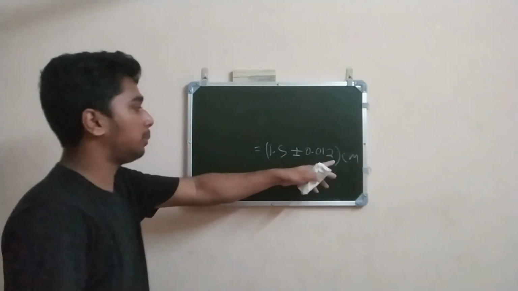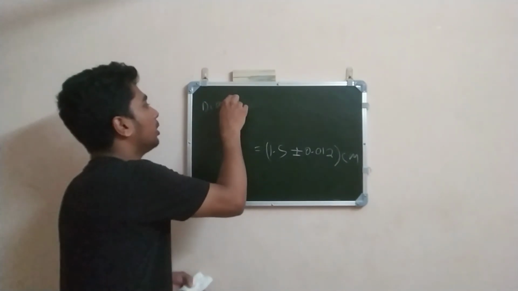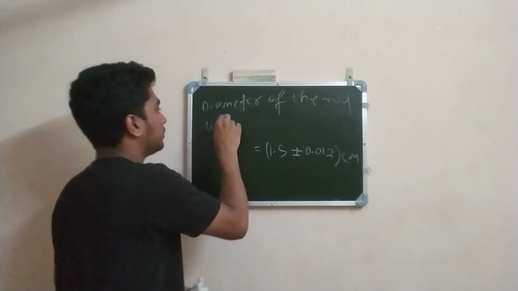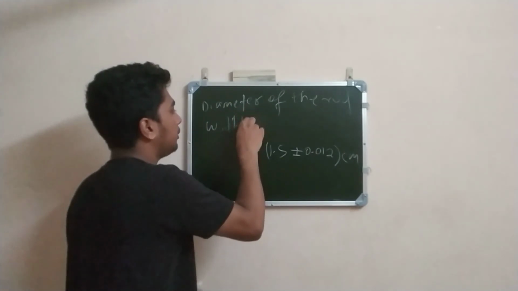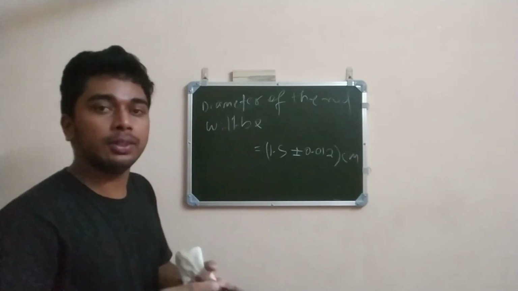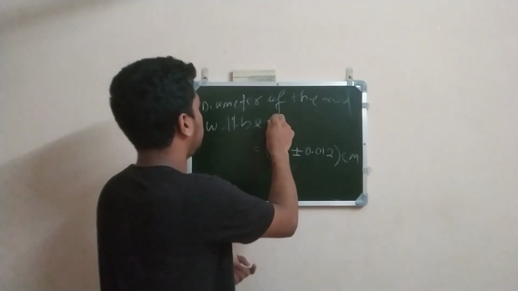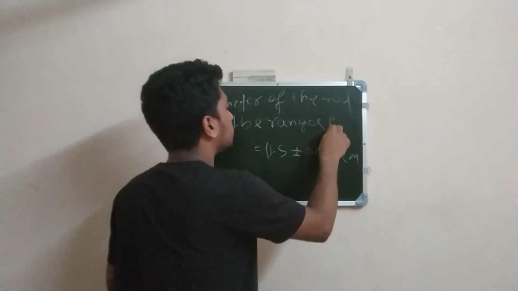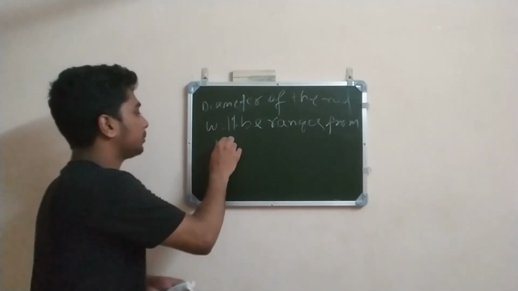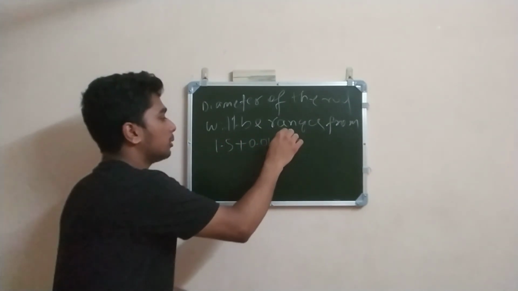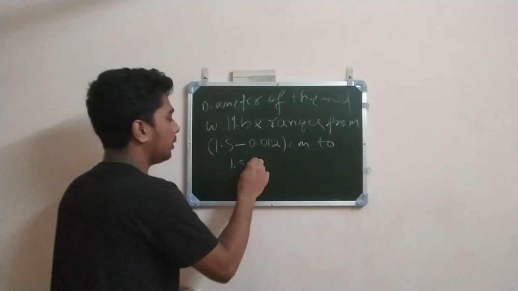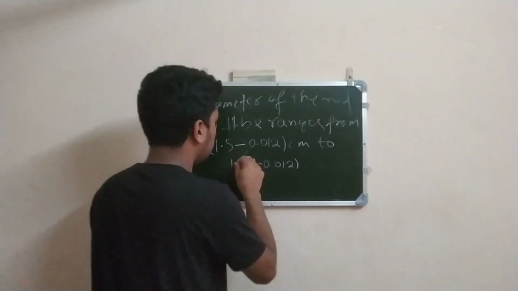It means that the diameter of the rod ranges from 1.5 minus 0.012 centimeter to 1.5 plus 0.012 centimeter.